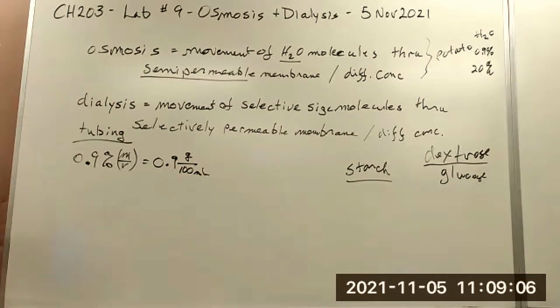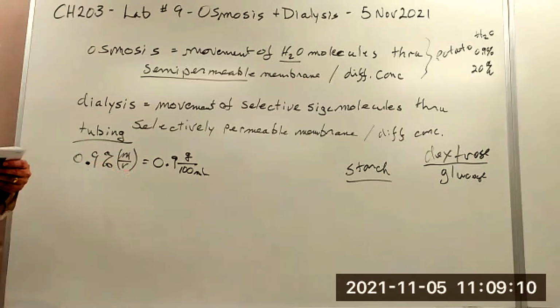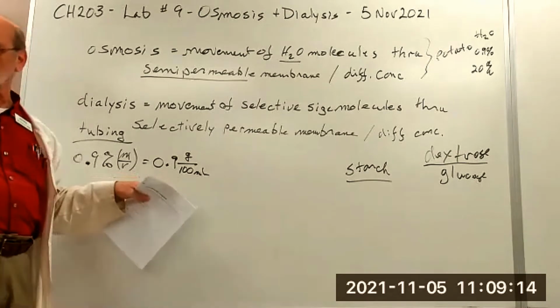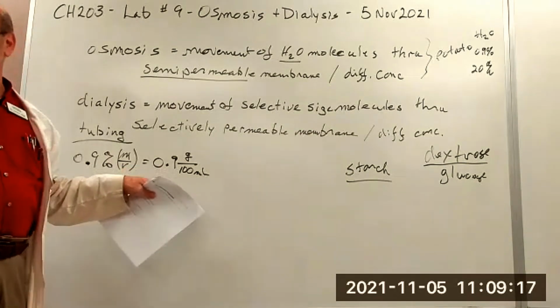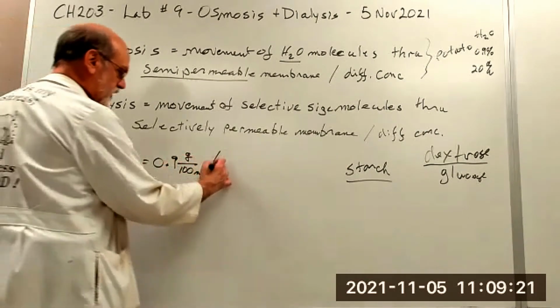Okay? Now that we know that, we can calculate, let's see, what did it say? 50 milliliters. We're going to make 50 milliliters of solution. So how many grams of sodium chloride do you need? 0.45, right? Half.